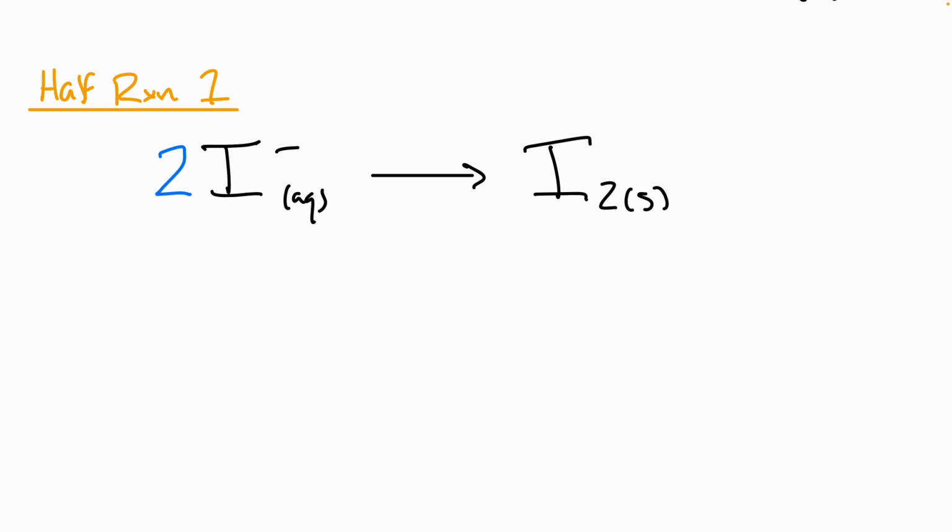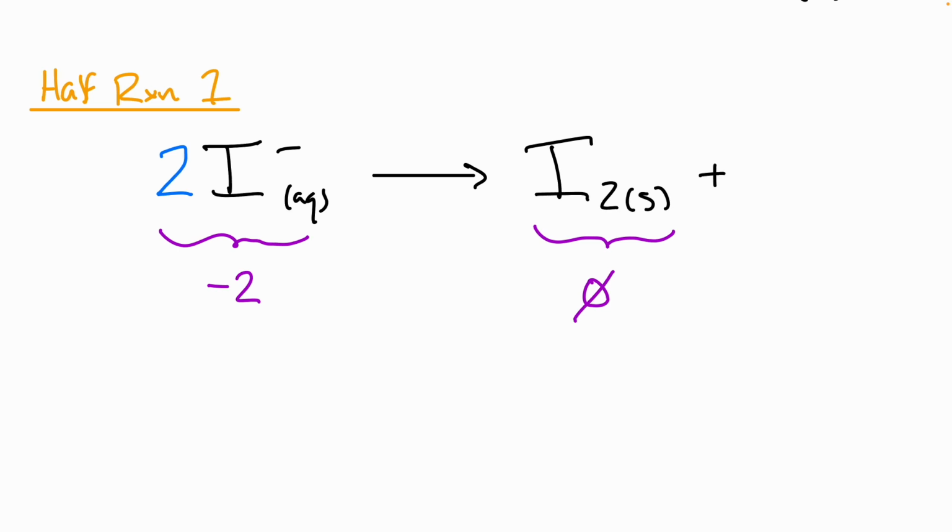Okay. What is the net charge of these 2 iodide ions over here on the left side? -2. And what about my iodine molecule over here on the right side? 0. That is neutral. So I need to charge balance, but the only thing I can do is add electrons. So which side am I going to add electrons to, left or right?